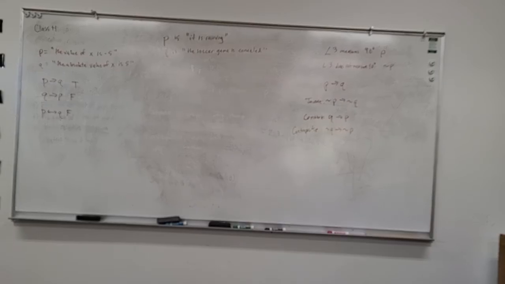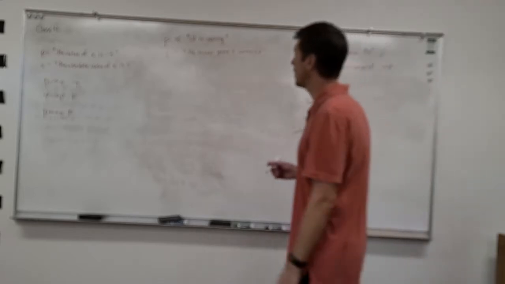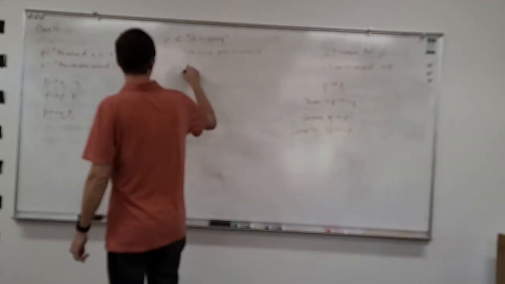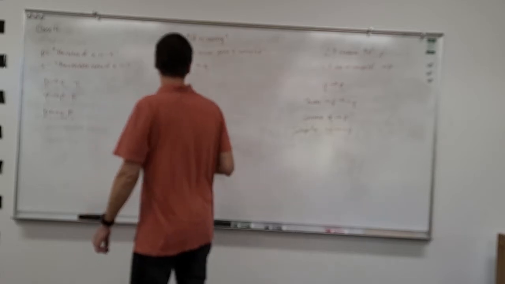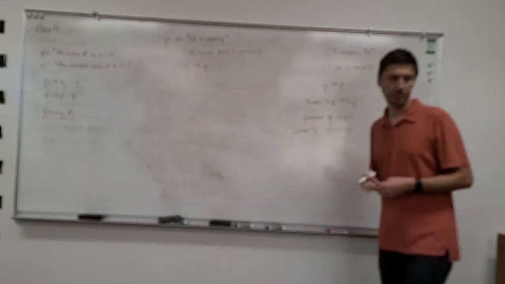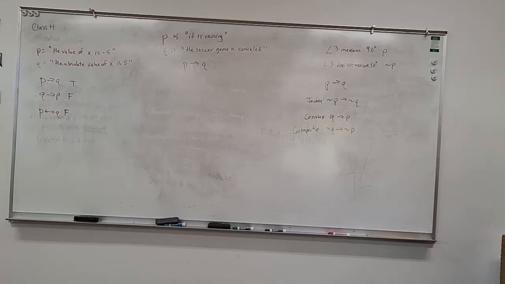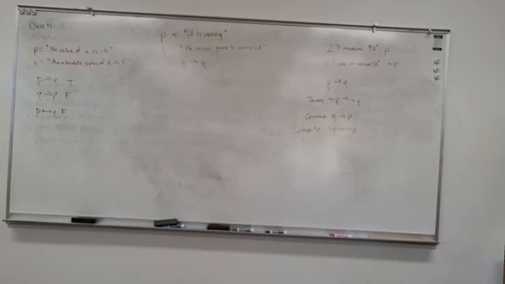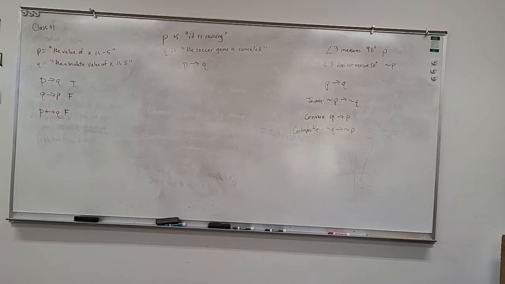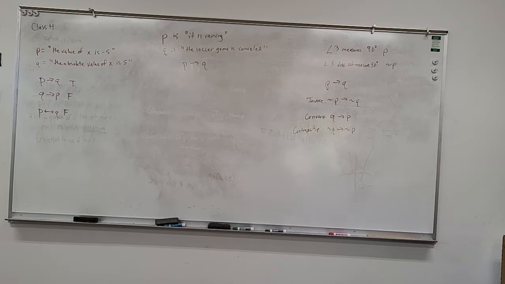It asks us for the, if we write our original if-then statement, then we would say, if P then Q. And they said write the contrapositive of that. What would the contrapositive be of if P then Q?